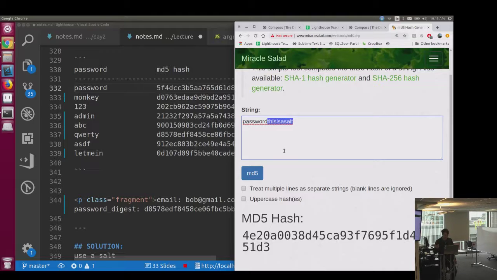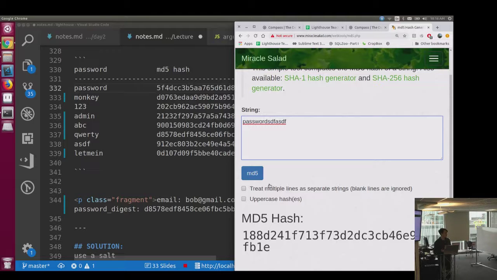The other thing people do to one-up that security flaw is they have a wandering salt. So the first password that's stored uses this salt, and then the next password uses a different salt, and for each new password, a different salt is used.